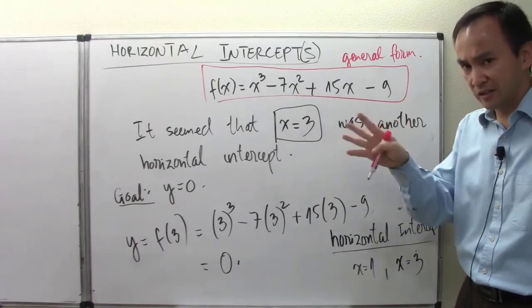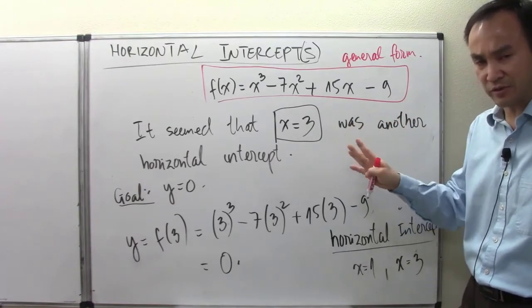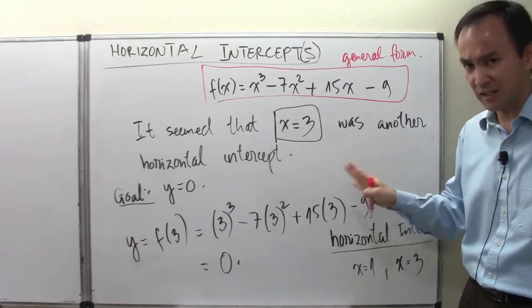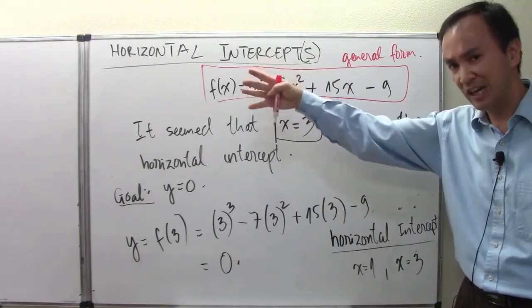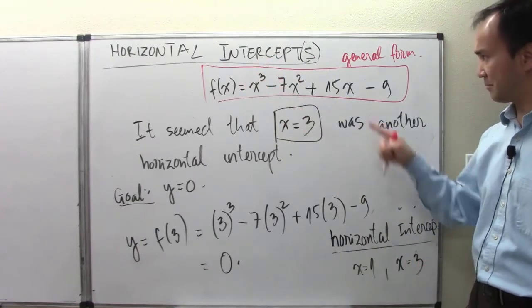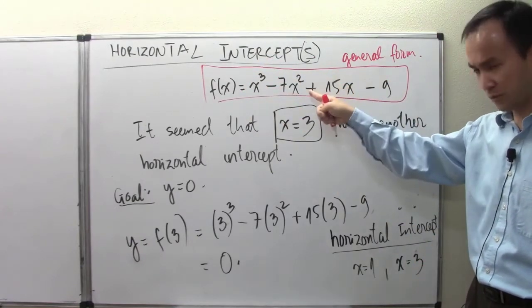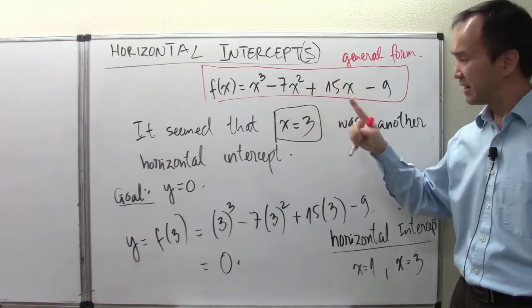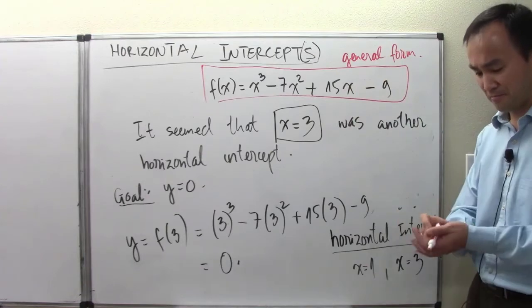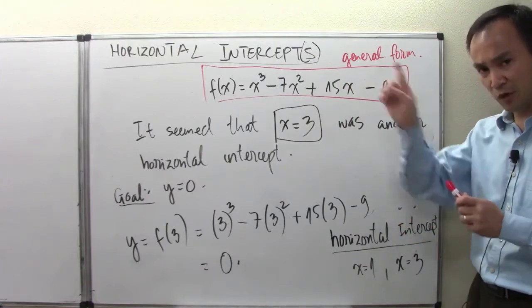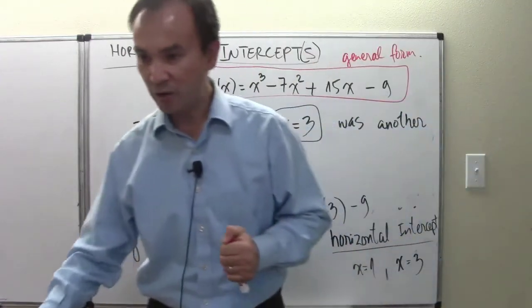Without seeing the graph with our graphing utility, it seems a little clueless how we can find the intercepts, and that's why we need to eventually learn some technique. But here I just want to emphasize that this polynomial is given in general form.